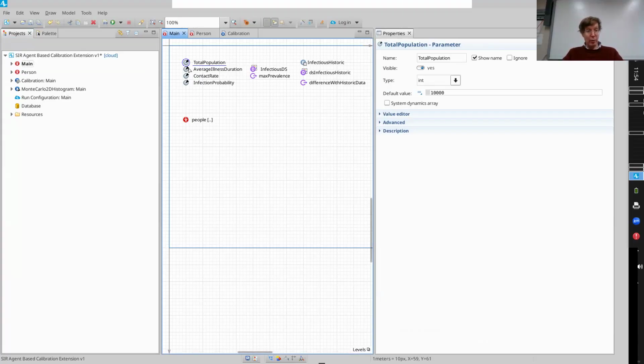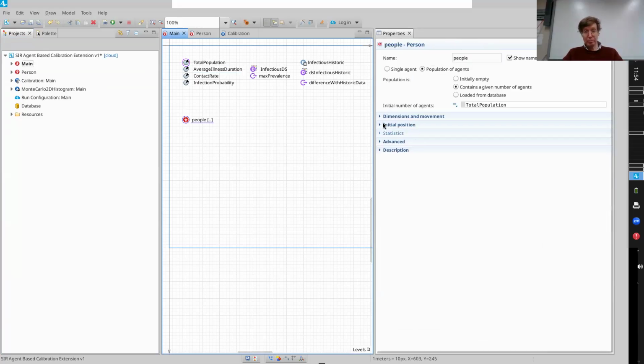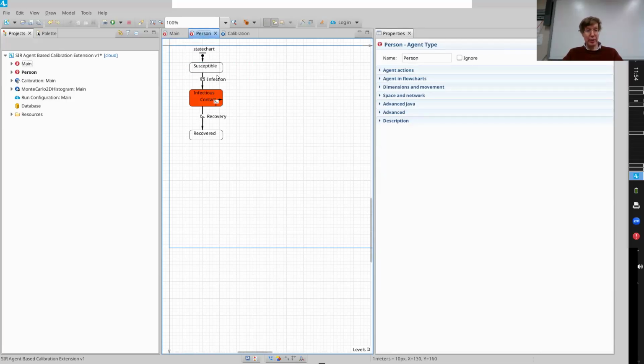And what's going on within this population? Well, we have this population of people composed of individuals who are in this familiar natural history of infection.